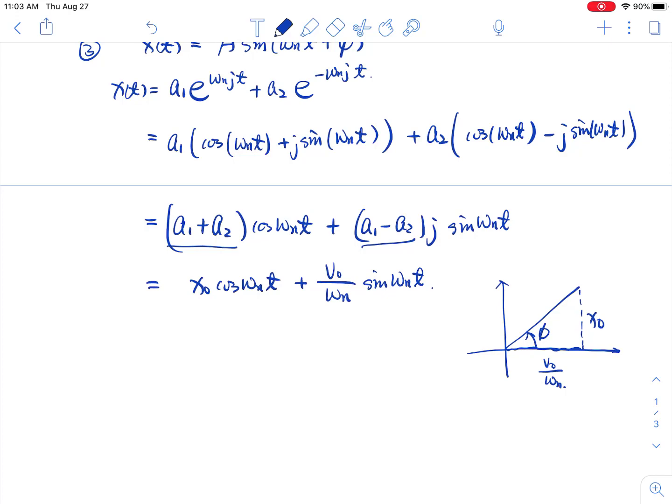Okay, so that gives us A times sine of (ωn t plus φ). The big A, let me use a different color, red. So this length is your amplitude A, and this angle φ is your phase lag.